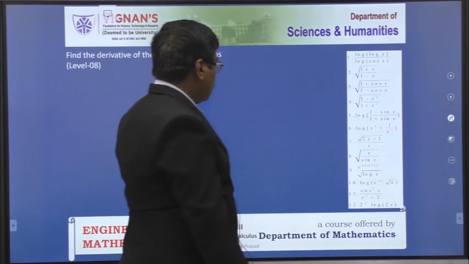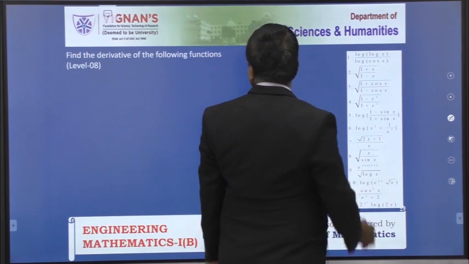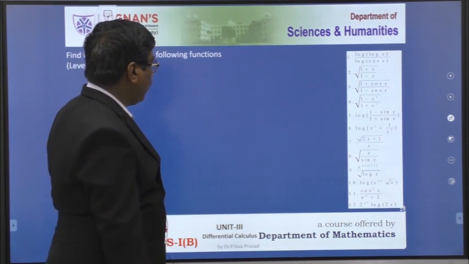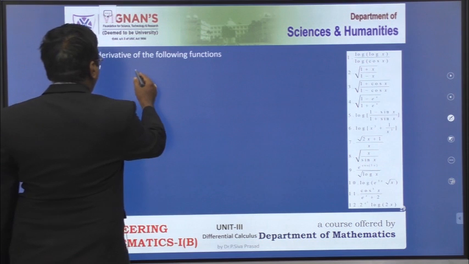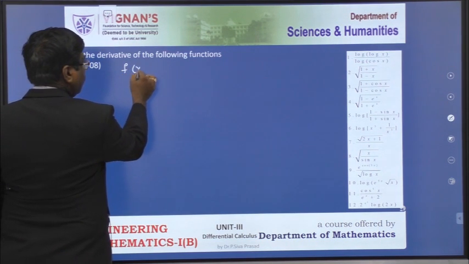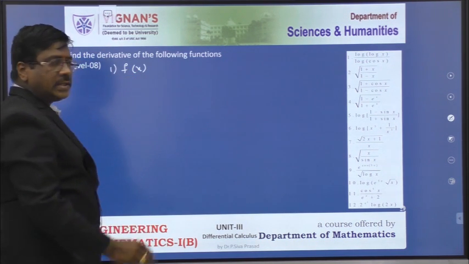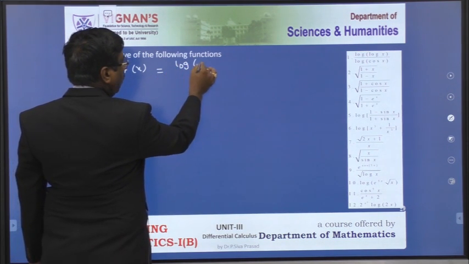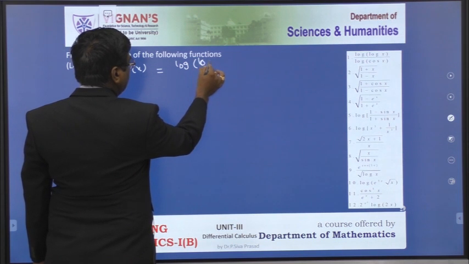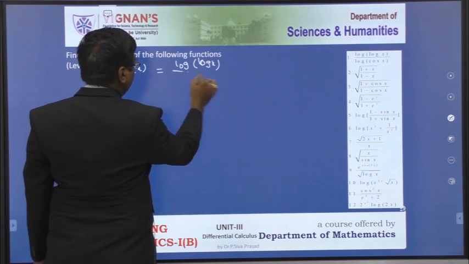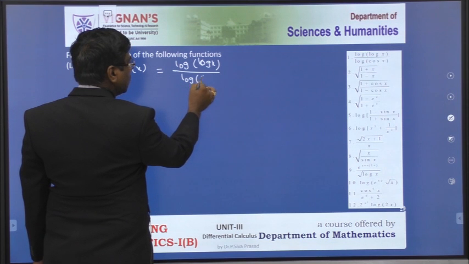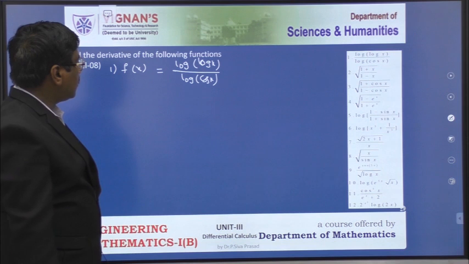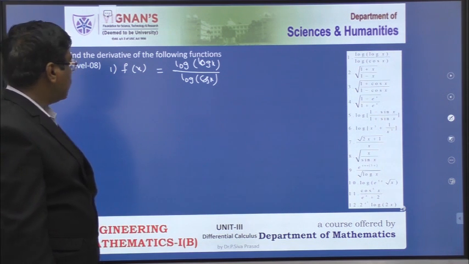So here, find the derivative of the following functions. The first problem: f of x is equal to log x by log of cos x.